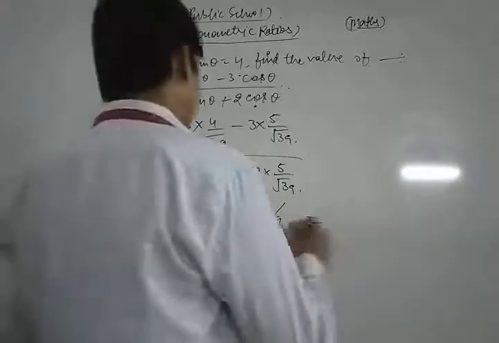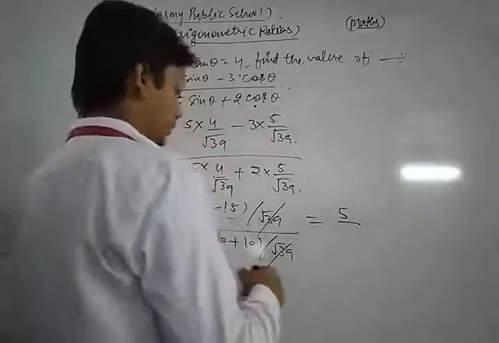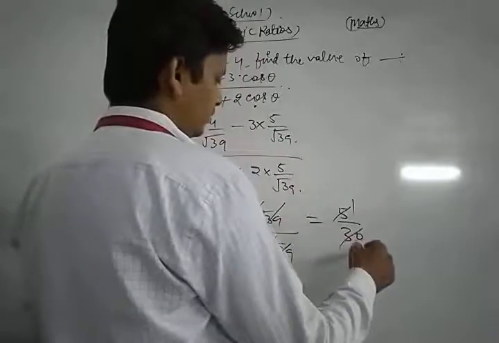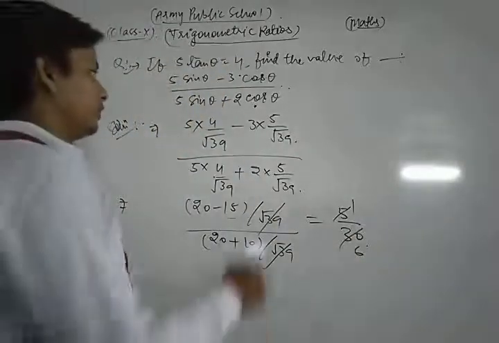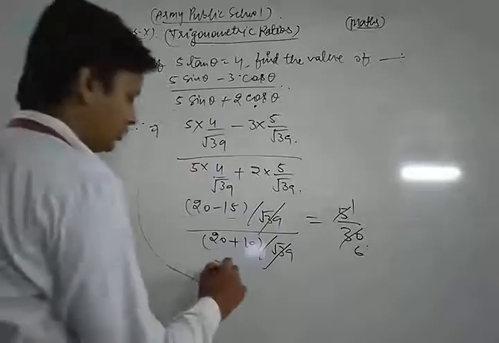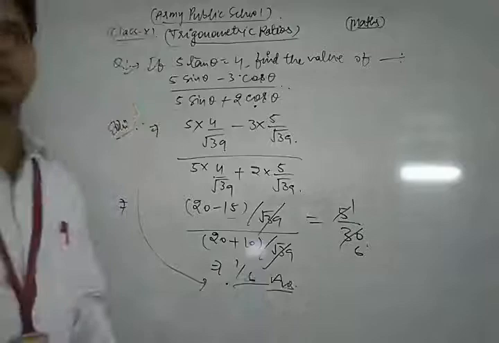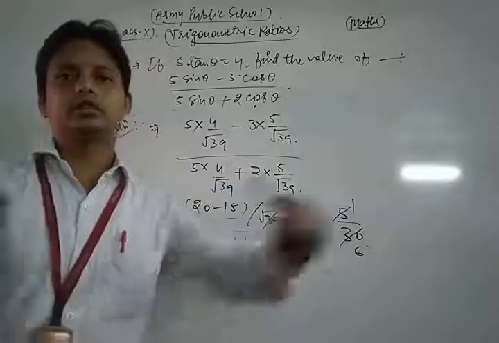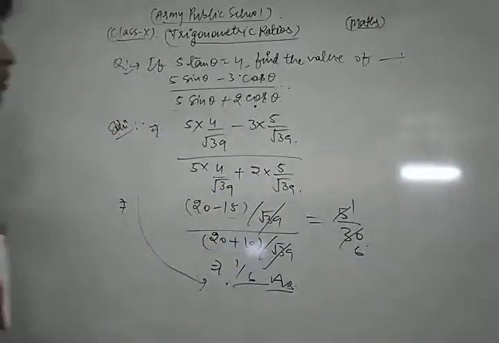So we get 20 minus 15, that is 5, divided by 30. So 5 ones are 5, 5 sixes are 30. Thus the value of the expression is 1 upon 6. This is the required solution of the given question.